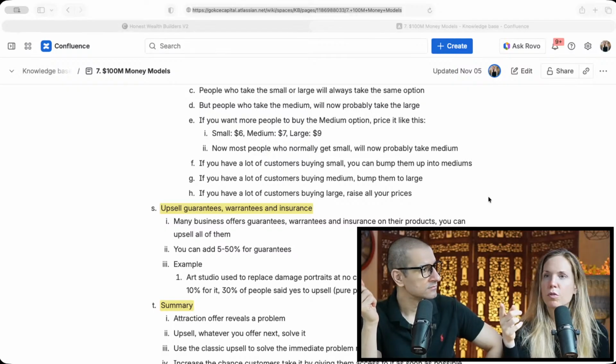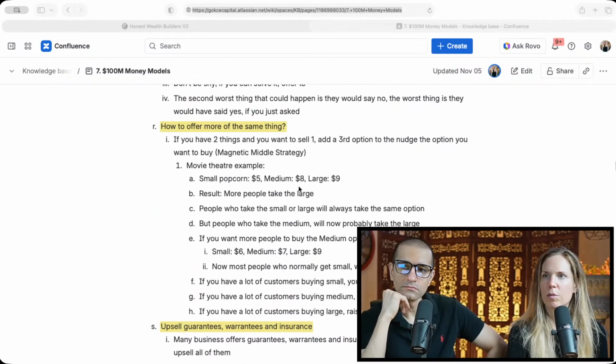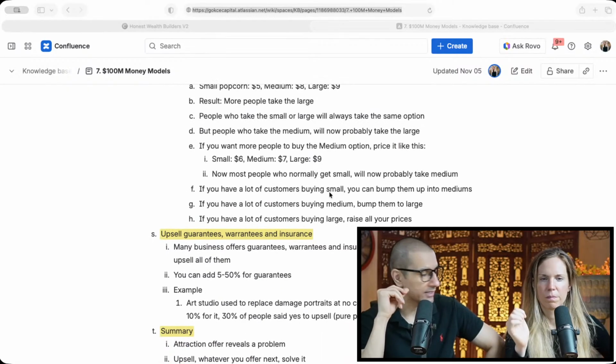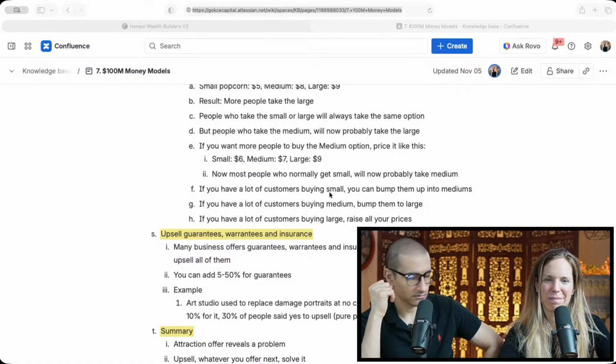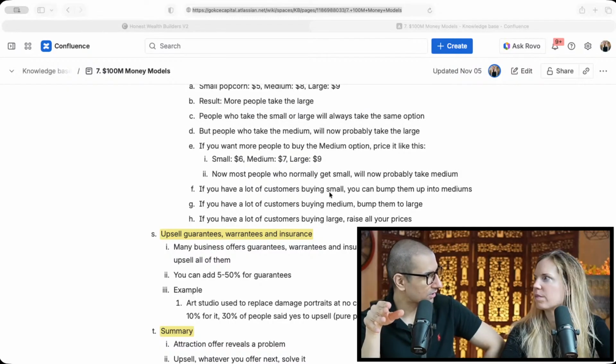Just as you said, if most people are buying small popcorn, then you shift the medium to be attractive for the customers who are getting small. But if most of your customers are getting medium, then you do the same thing. We're both saying the same thing. So you look at the data to see what people are buying, and then you nudge them into the upsell.